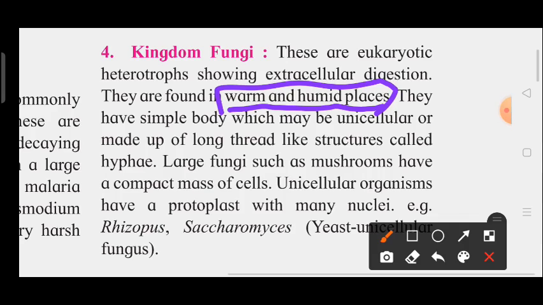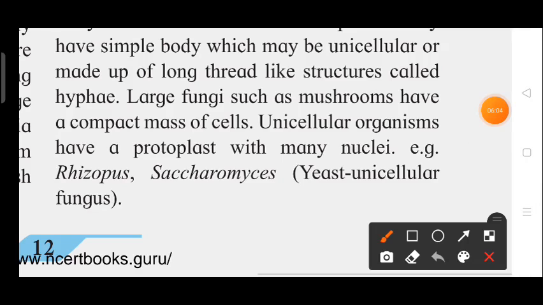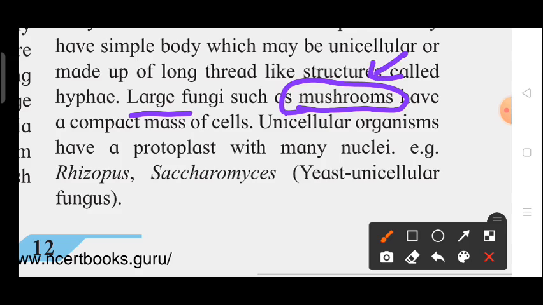They have a simple body, which may be unicellular or made up of long thread-like structures called hyphae. Large fungi such as mushrooms, which we know in the market are used as food, have a compact mass of cells.